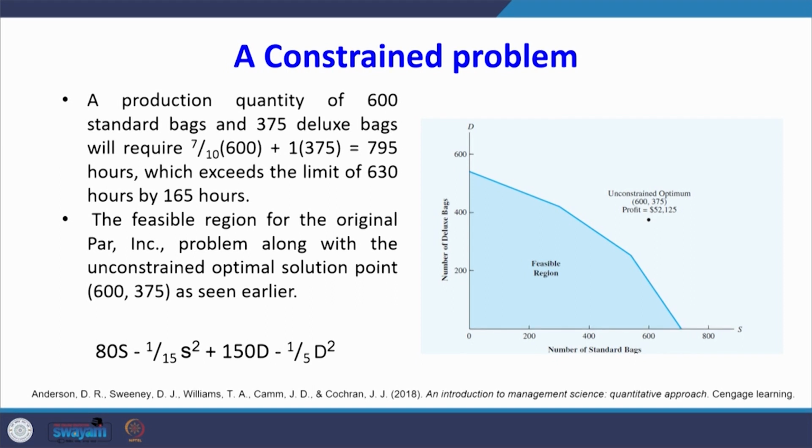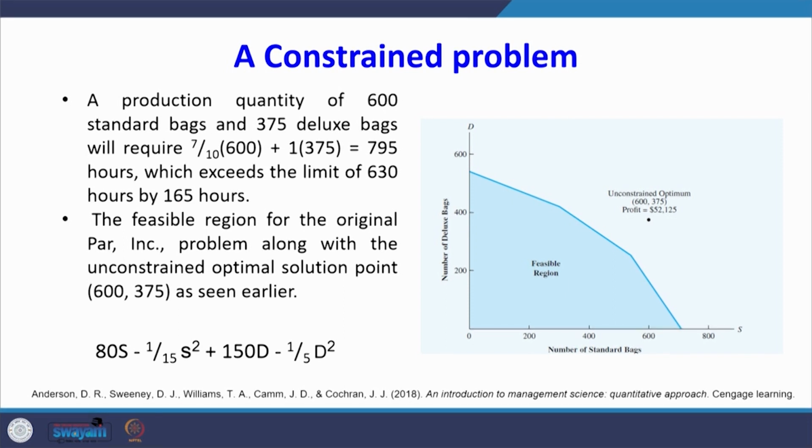We got the values of s and d. What is the value of s? It is 600, and the value of d is 375. But when you put in the total, it becomes 795, which is against our constraint. How much? Our limit is 630, but it exceeds by 165.